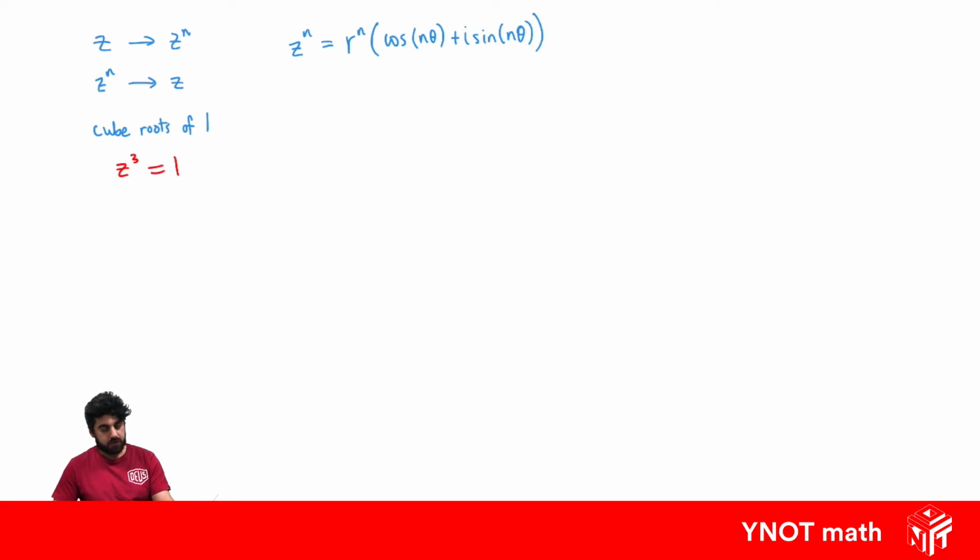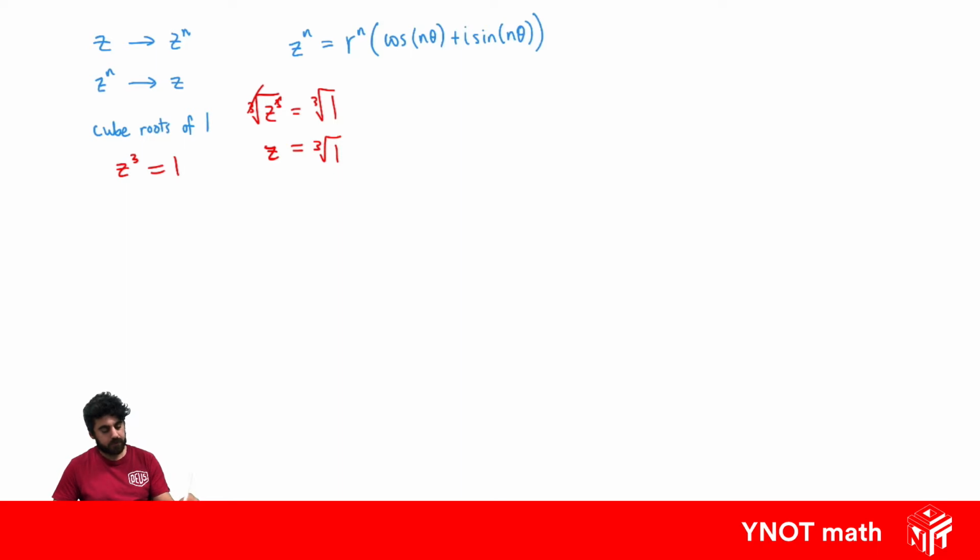And this should work because if we cube root both sides, we'll have the cube root of z cubed equals the cube root of 1, where the cube and the cube root will cancel out, and we get our solutions of z being the cube root of 1. So this is the correct equation we need.